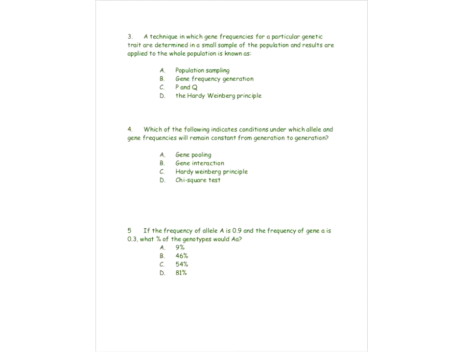That's right, good stuff. And the next question: if the frequency of allele A is 0.9, that's capital A, and the frequency of small a is 0.3, what percentage of the genotypes would be big A, little a? This is similar to the last question we did, except we've got different numbers here.